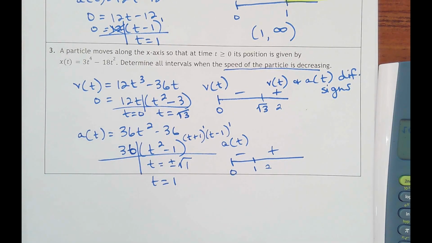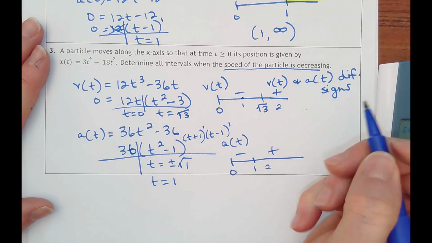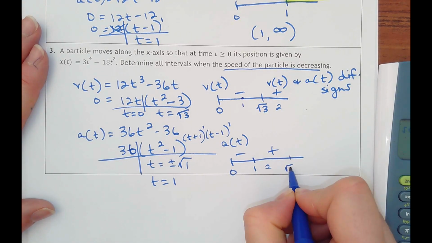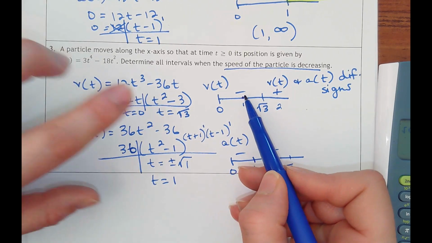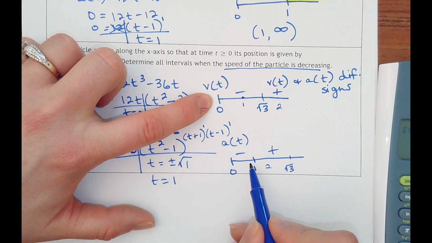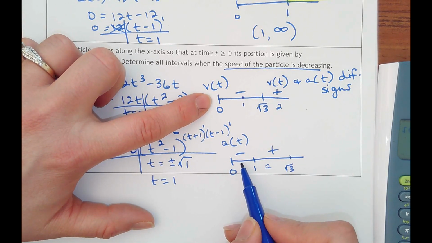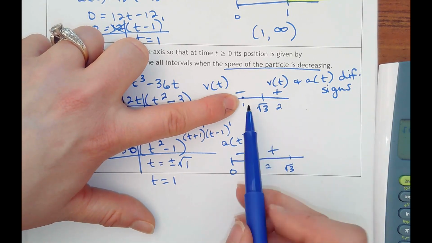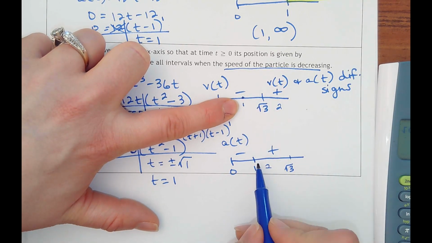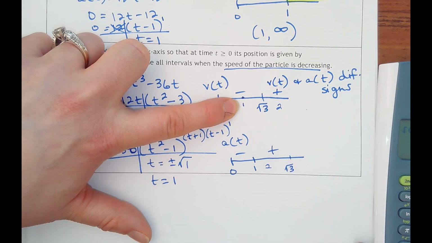And so I want to know, where do they have different signs? So let's split this up into saying 1 is in here and then square root of 3 is here. From 0 to 1, I have a negative velocity and a negative acceleration. That's the same sign, so it's not that interval. Then from 1 to square root of 3, I'm still negative, but my acceleration is positive.